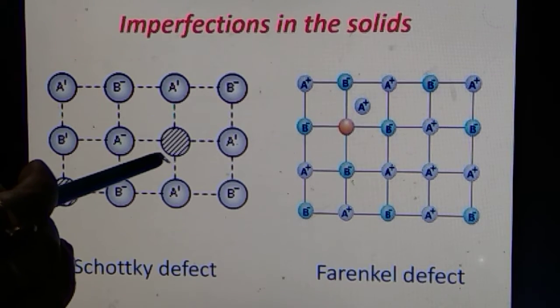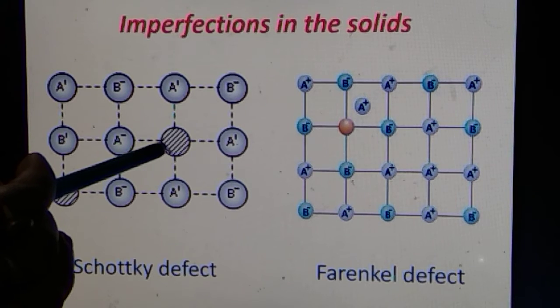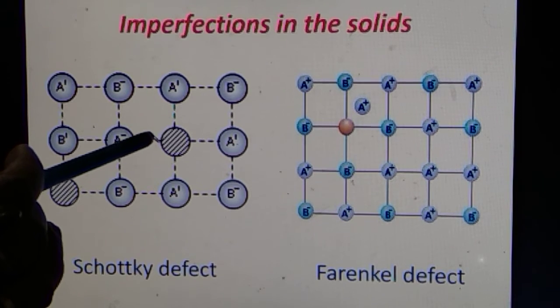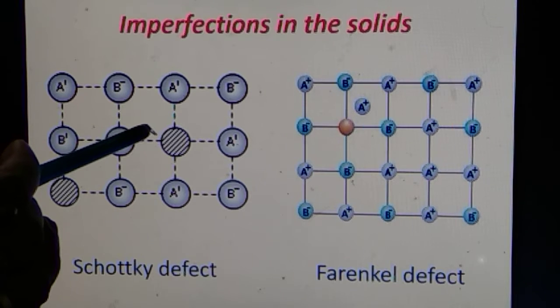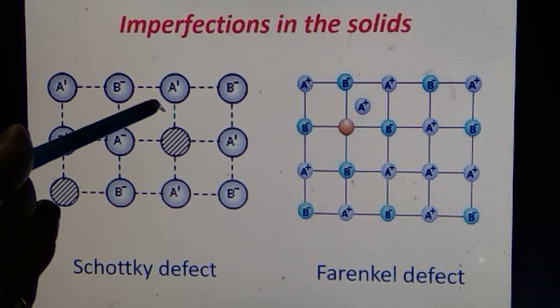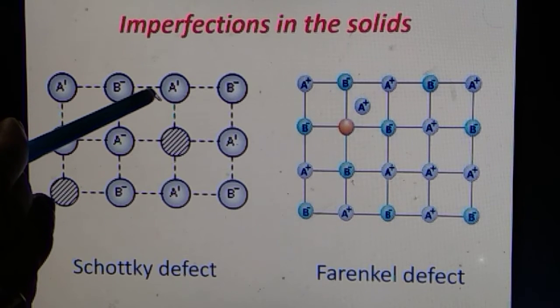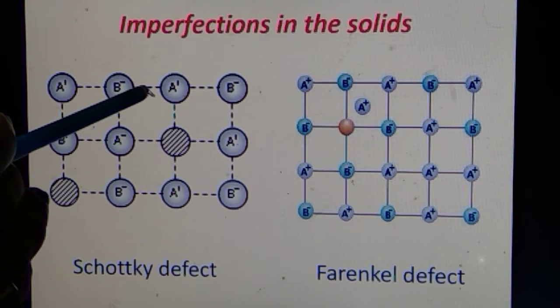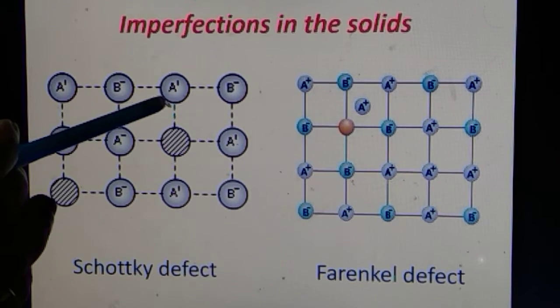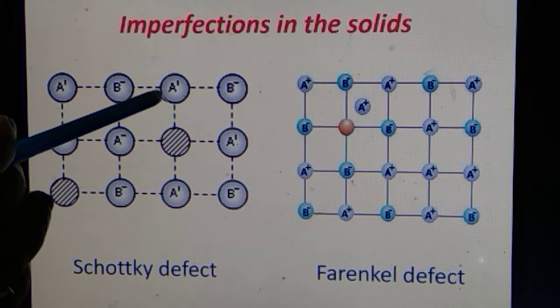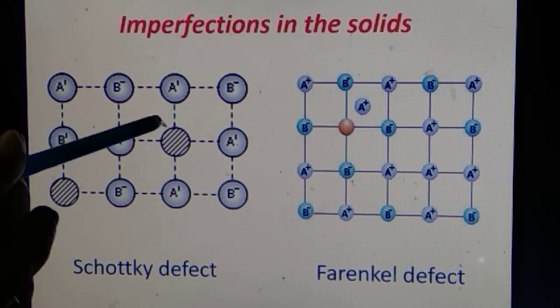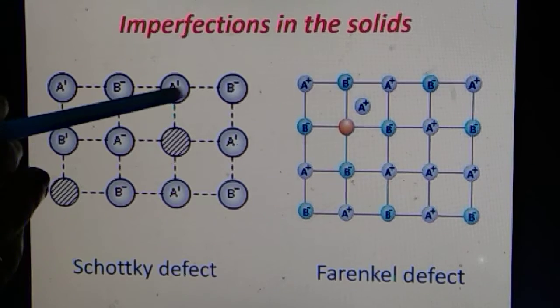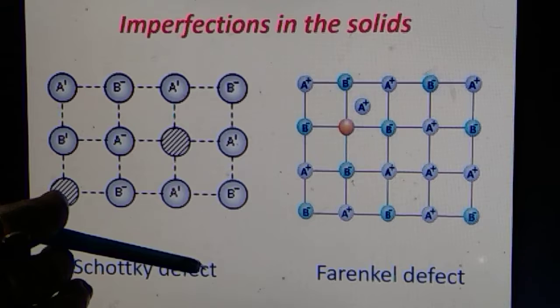Another thing about the Schottky defect: number 1, it is observed in ionic substances; number 2, where the coordination number is very high; number 3, when the sizes of the cation and anion are almost the same. Examples: sodium chloride, potassium chloride, silver bromide, cesium chloride. In these solid substances, we see defects like this, that is the Schottky defect.